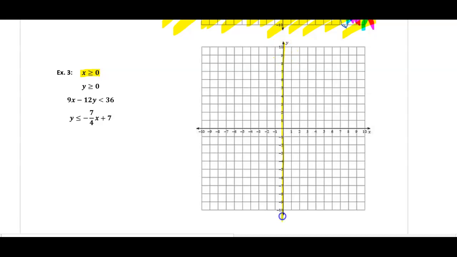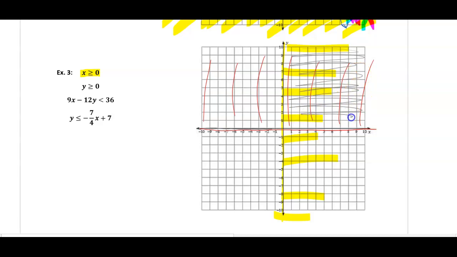I know I'm going to draw that vertical line, and I'm just going to lightly shade this way. Then I know y greater than or equal to 0. That is the line right here. And greater than or equal to 0, I'm shading above it. Okay? So right now, all of my solutions exist over in this first quadrant again.